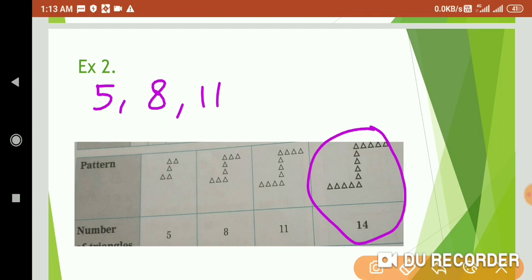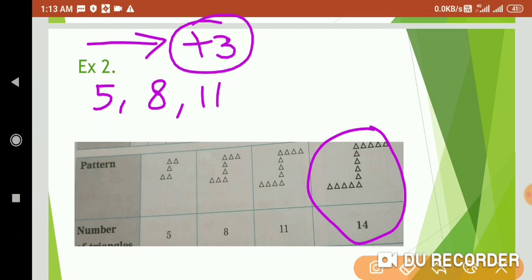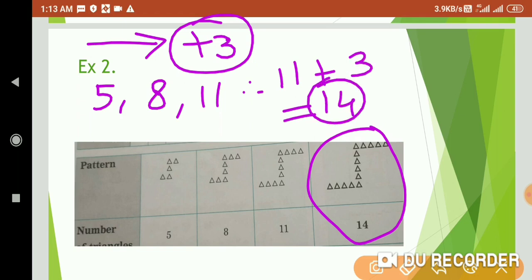That means you notice that each number is increased by 3. Therefore, the number of triangles in the last column is 11 plus 3 is equal to 14.